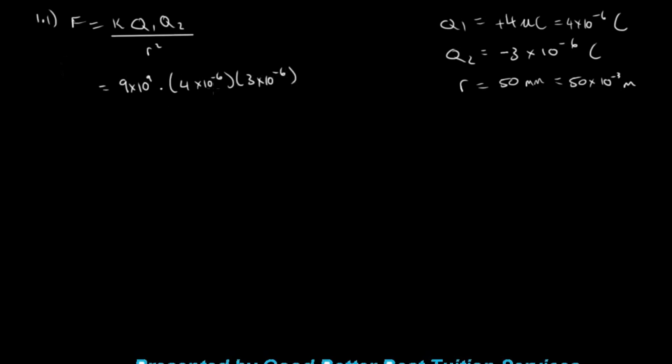Remember, we don't add the signs on the charges, because they are only there to dictate that they are opposite charges. All over 50 times 10 to the minus 3, all squared. We get an answer of the electrostatic force to be equal to 43.2 newtons.